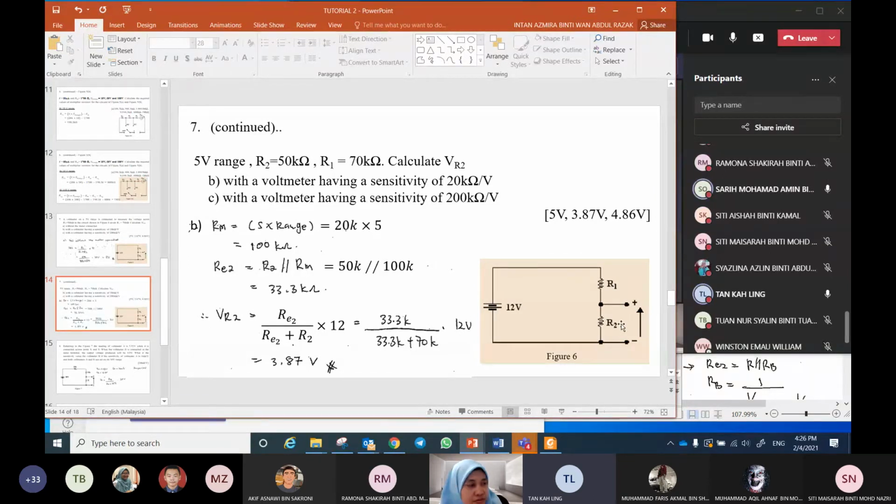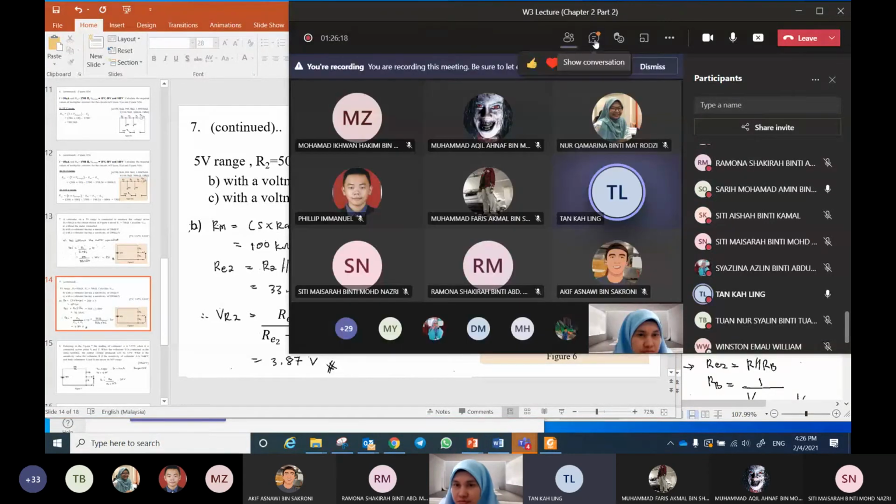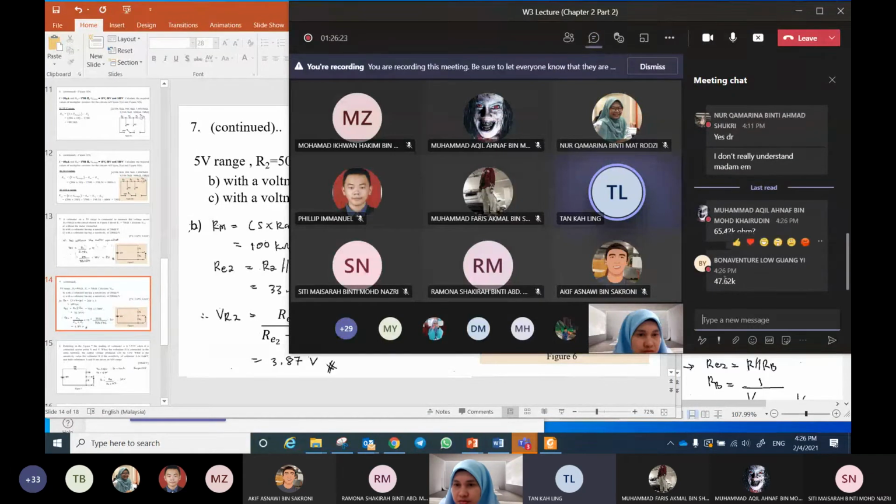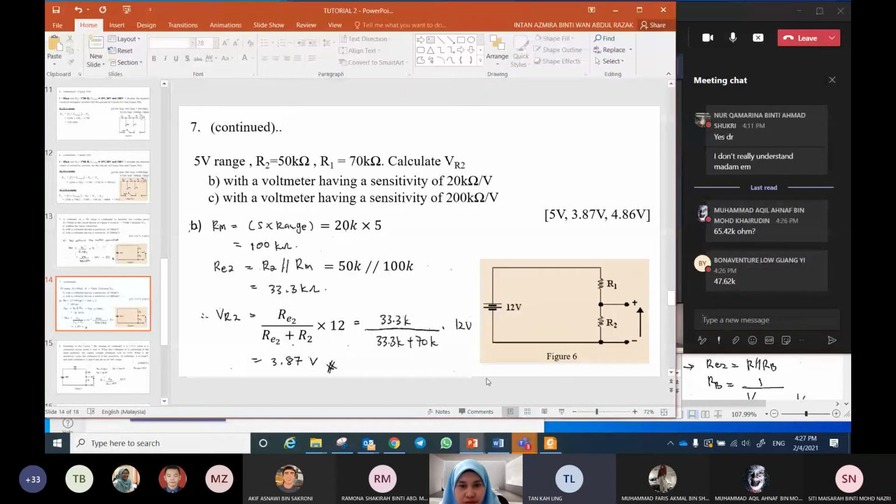Everyone please calculate, and make sure you get 4.86 volt. Get the answer? 4.86. What is the value? Is it RE, R equivalent?